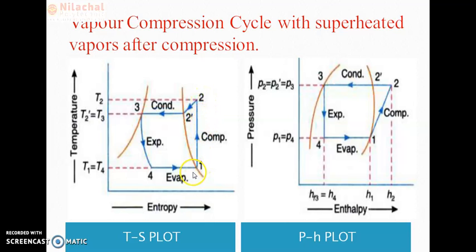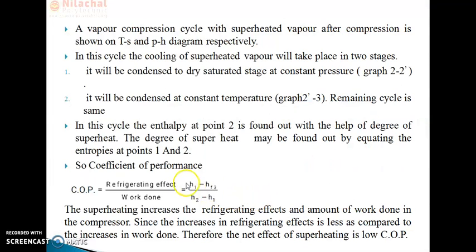So the COP is equal to H1 minus H4 divided by H2 minus H1. As earlier, here you observe hf3 is equal to H4. Now you can modify the equation: H1 minus hf3 divided by H2 minus H1.